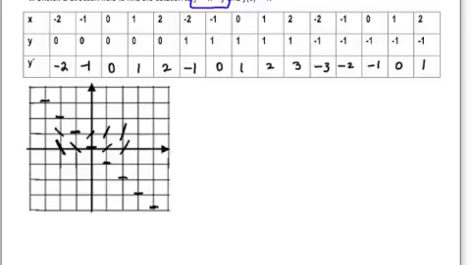Negative 2, negative 1 gives me negative 3. So real steep there. Negative 1 gives me negative 2. 0, negative 1 gives me negative 1.